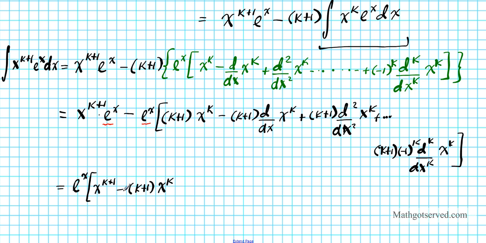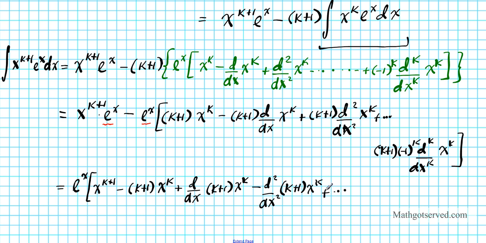Then this minus times this one is going to make that a plus. And I'm going to move this constant into the derivative, so I'm going to have d dx, the first derivative of k plus 1 times x to the k. And then minus, this one gets distributed there too, the second derivative, d squared dx squared of k plus 1 times x to the k.